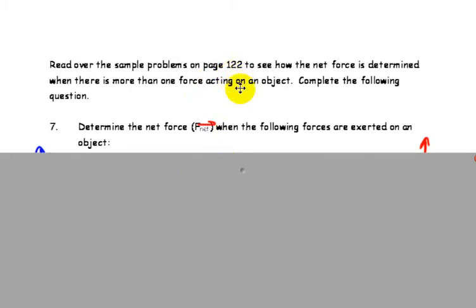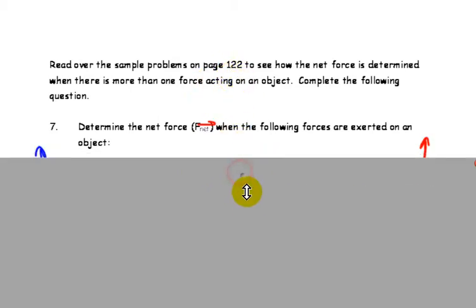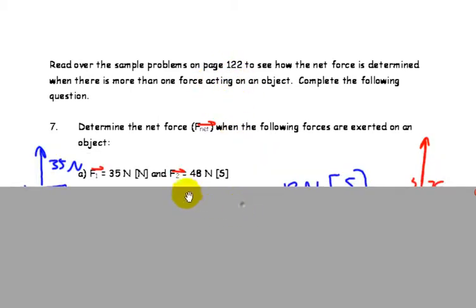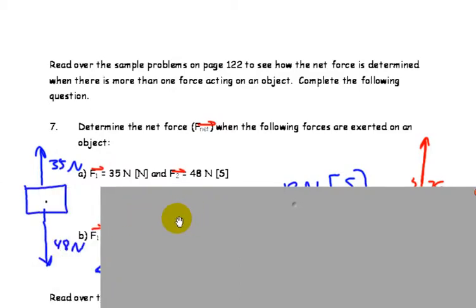So if we look on page 122, there's a bunch of examples, just simply drawing diagrams involving forces. So this first one, if I have something that's 35 newtons north, 48 newtons south, we can think of it like this. These are referred to as free body diagrams. They're just a way of visualizing what's going on. So just usually draw a box for the object and then the forces.